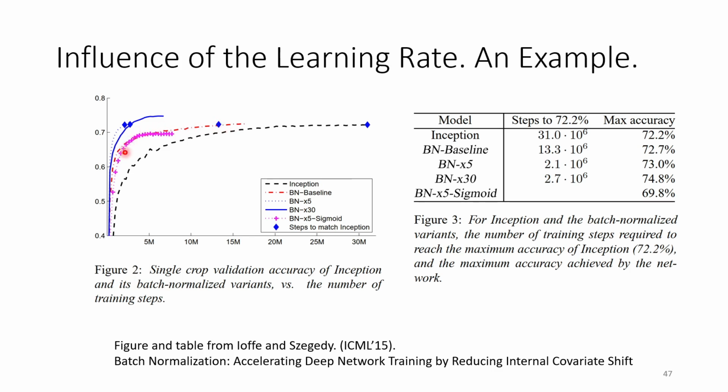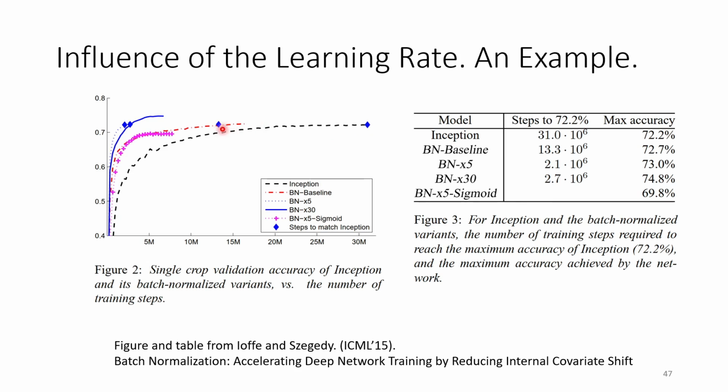The red dashed line is the one adding batch normalization to the Inception, and you can see it uses much fewer steps to reach the same performance as the original one.